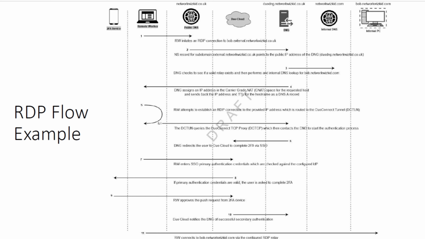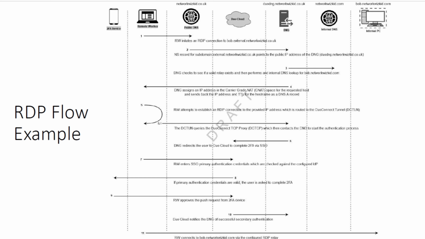Most of it you don't need to worry about unless you like to understand every aspect of it. Essentially, we've got, top to bottom here, a typical remote worker that's looking to access an RDP session that's situated and protected by the DNG.